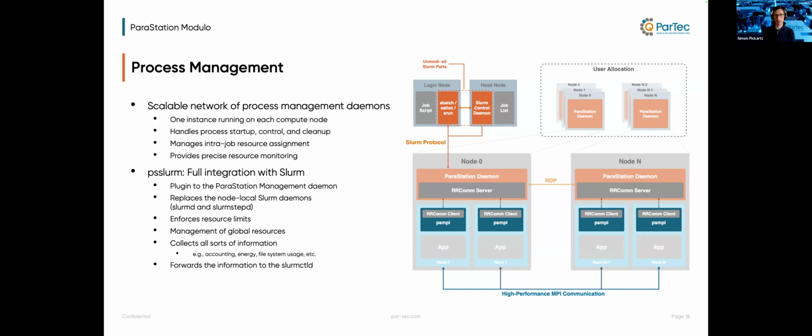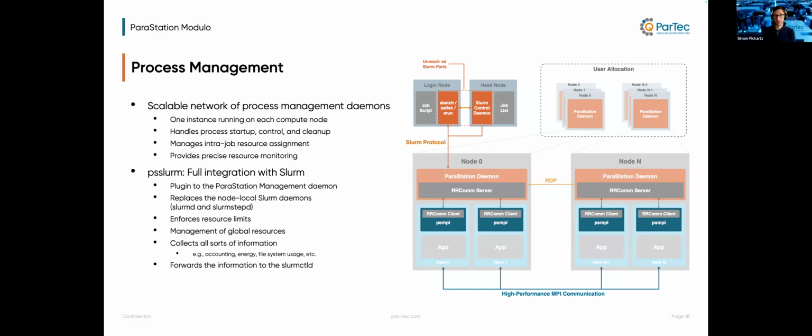So we implement the native Slurm protocol with our ParaStation management daemon, and in turn provide capabilities which allow us to optimize and also customize the solution to the customer's needs, meaning that we might be able to implement different pinning strategies with respect to GPU and CPU resources.